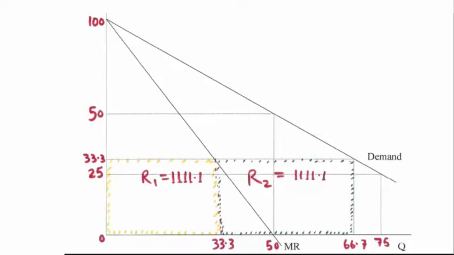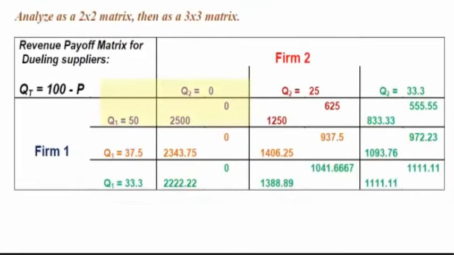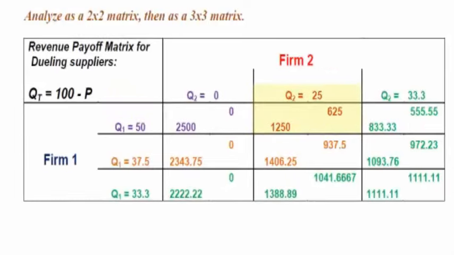The main point here is that both of them will end up with 1111.1, and firm 1 is obviously earning less than it started with. We ask, what is a better solution for firm 1? We will see that if firm 1 had opted not to retaliate, its revenue would have fallen from $2,500 to $1,250, and if firm 1 had accepted that the ultimate outcome will be 1111.1, it should not have retaliated to firm 2's entry.